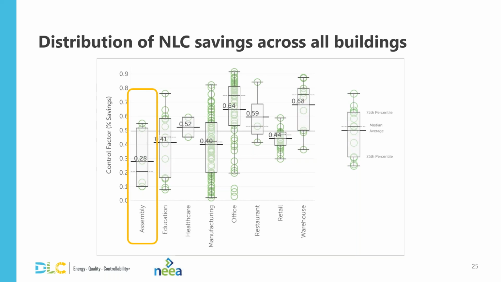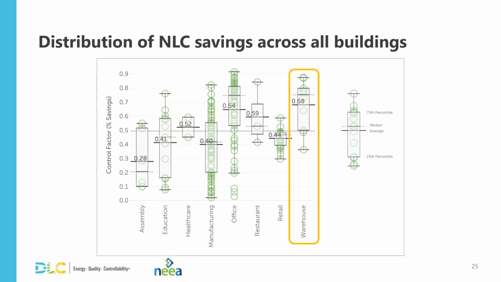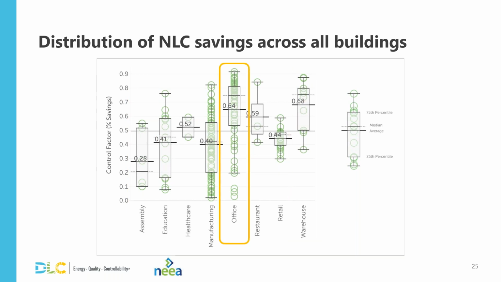So in all the data we collected, assembly buildings have the lowest average savings of 28%. And the average savings is the highest for warehouses, which is 68%, followed by 64% for office buildings. And regardless, savings vary significantly within each building type. And this is the same observation that has already been made in the 2017 study.